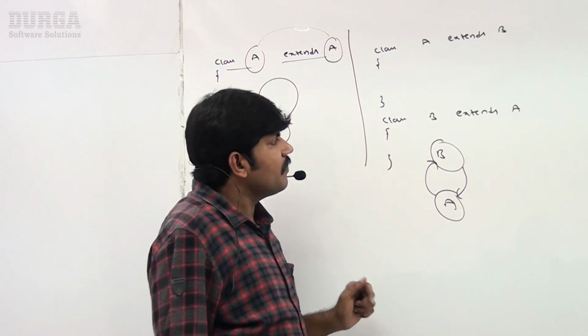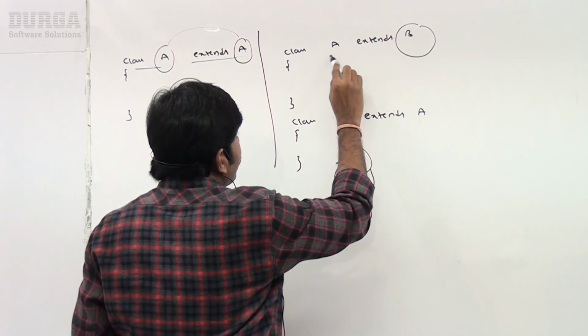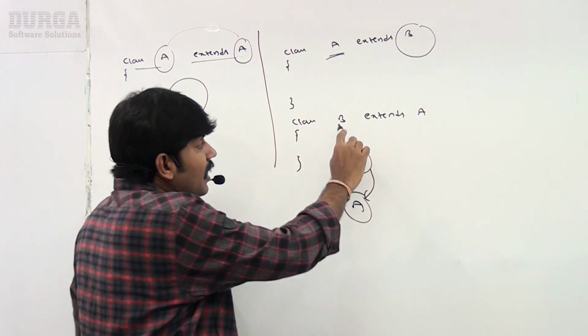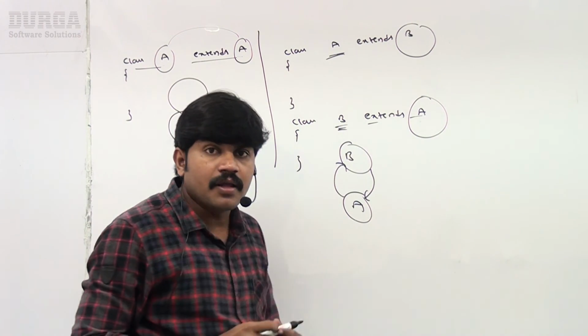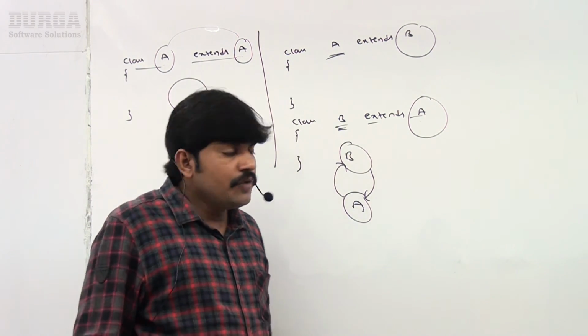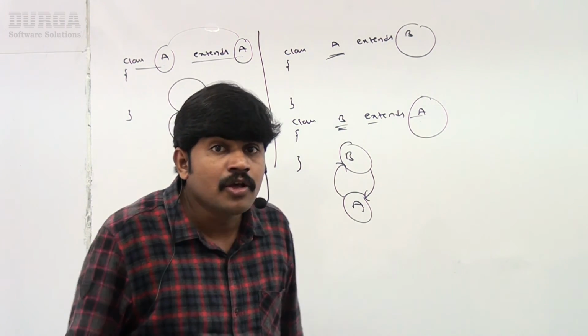Now here observe, class A extends B. Sir, all members of B are required to A. Next, class B extends A. All members of A are required to B. So A requires B's members, and B requires A's members. If A requires B's members and B requires A's members, why are you taking two classes?